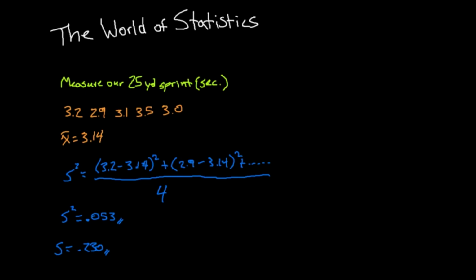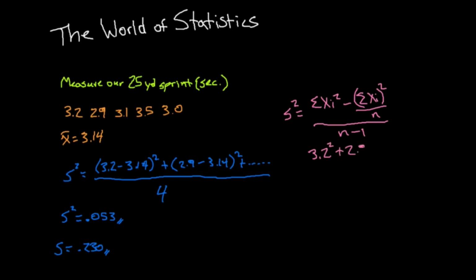Let's now calculate this with our second formula. If you recall, s squared is equal to the sum of xi squared minus the sum of xi, squared, divided by n, all over n minus 1. So let's take the first part. We're going to take 3.2 squared plus 2.9 squared, etc., and that gives us a value of 49.51.